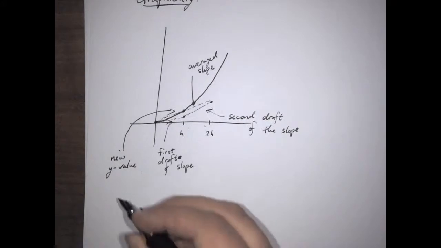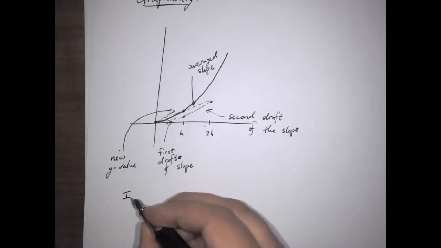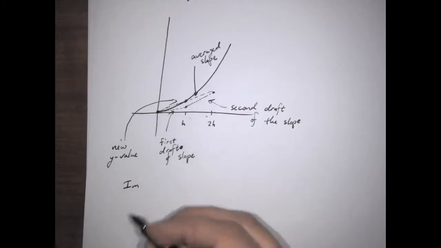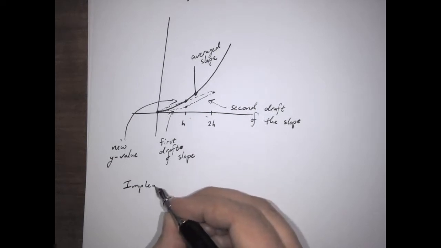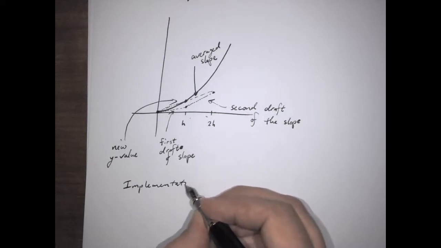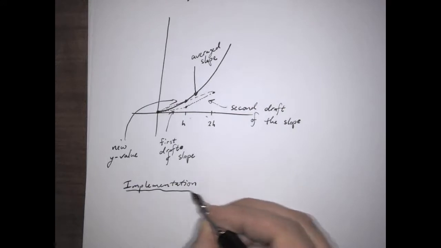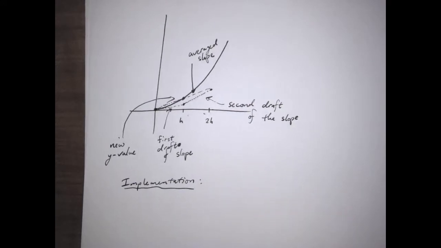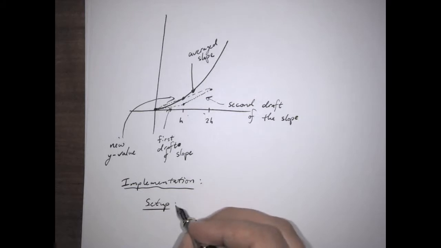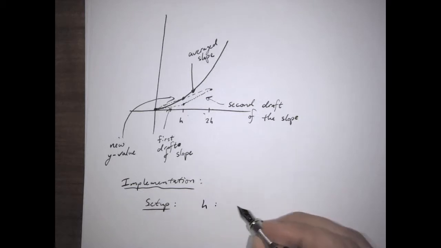So here's how to actually implement this. So the implementation. Alright, so here are the pieces that we are going to need for the setup. We need an h, which is the step size.